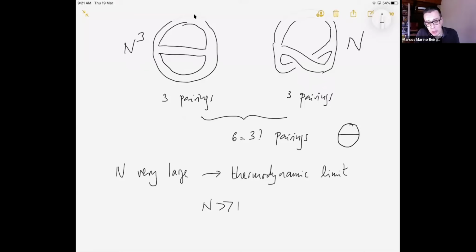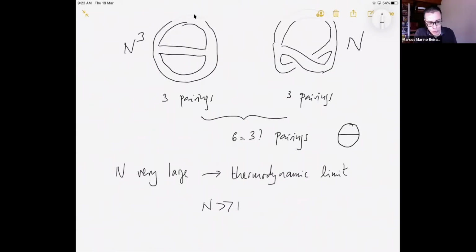So there is no real parameter of control. If you have a theory of quantum chromodynamics with n times n Hermitian matrices, then n is in a sense the only control parameter that you can incorporate, and you can suspect that in this thermodynamic limit, the theory simplifies. So that's one of the reasons, but as we will see, there are others.